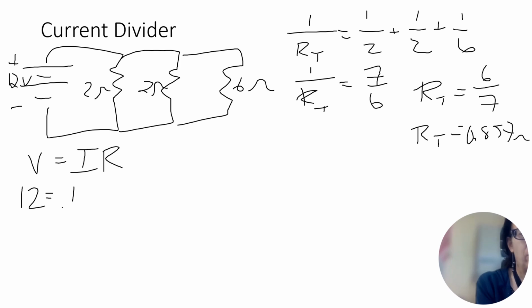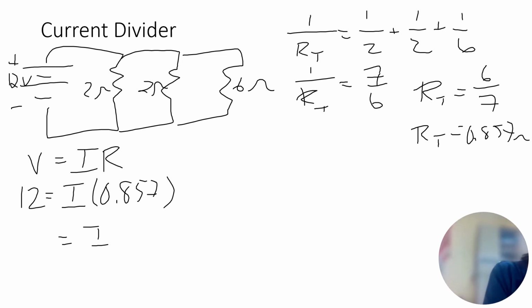We are looking for the total current, and in this case, the overall resistance is that number. And so we divide both sides by that number. So we'll end up with 12 divided by 0.857. So, oh dear, 14 amps.